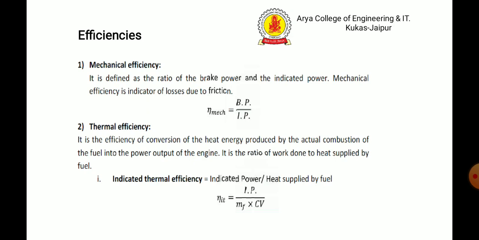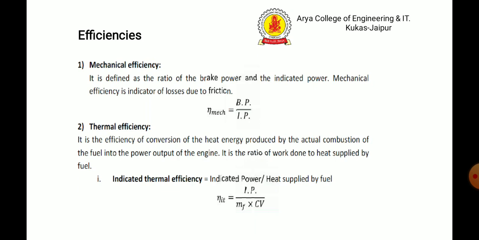Second one is thermal efficiency. It is the efficiency of conversion of heat energy produced by the actual combustion of fuel into the power output of the engine. So it is simply the ratio of work done to the heat supplied, and we can write indicated thermal efficiency equals indicated power upon heat supplied by fuel, and heat supplied by fuel is given by the product of mass of fuel and the calorific value of that fuel.